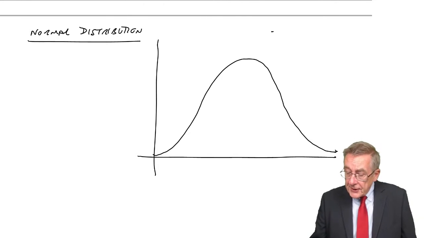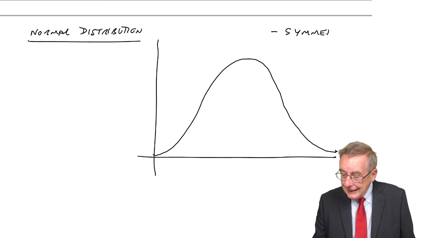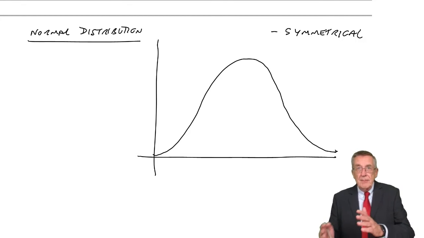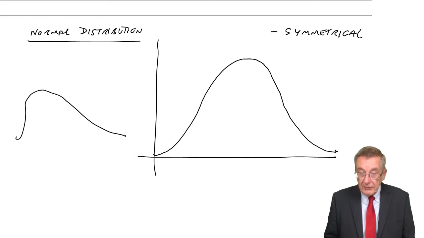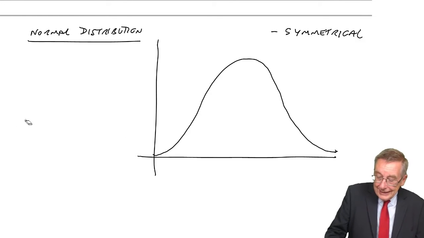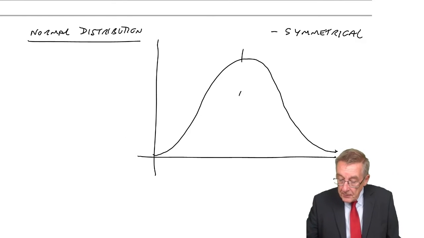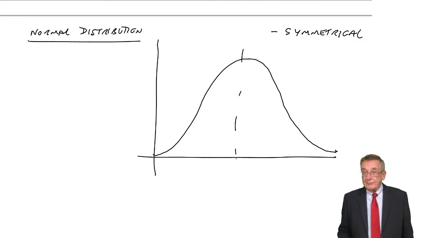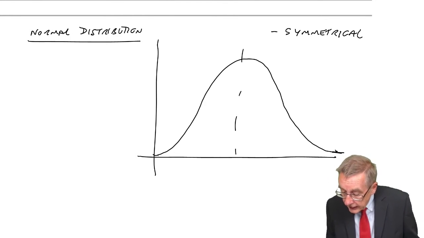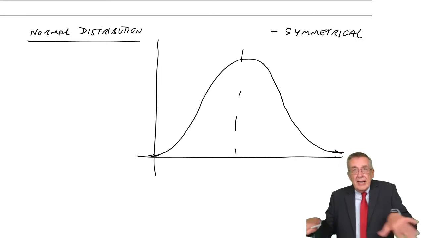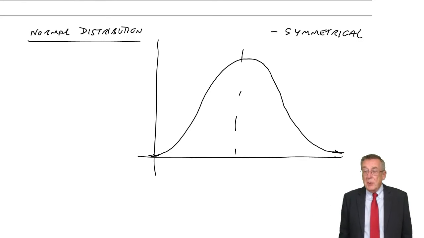And the main things are that it's symmetrical, so it's the same on both sides. You've not got that, for instance, which is bent. It's symmetrical. It's like a mirror image of itself. Strictly, it never actually touches the axes. It gets very, very close, but there's always a chance of being anywhere.